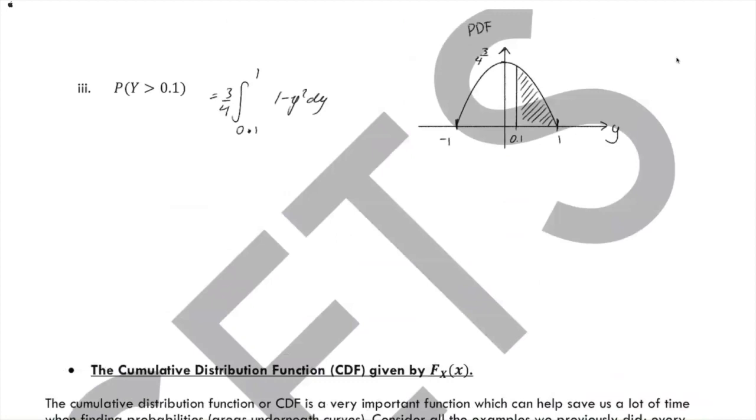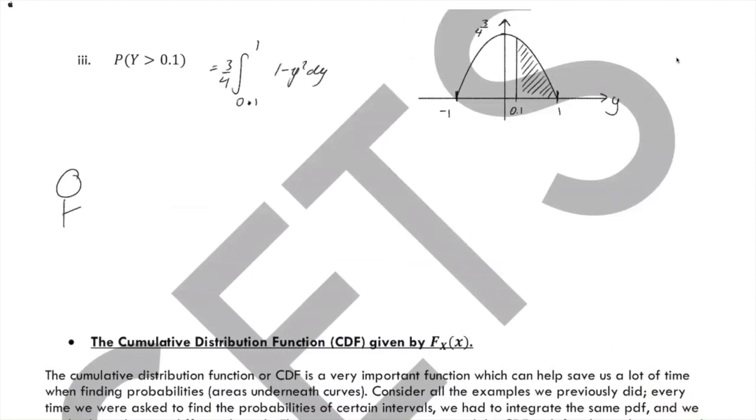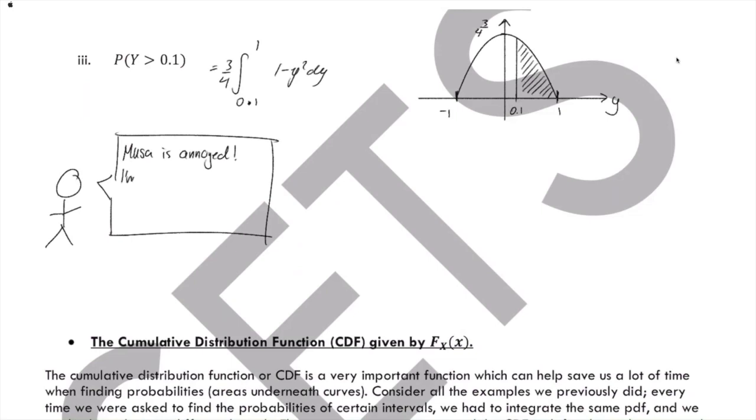Well, actually, let's do a little bit of a cartoon for us. Musa is annoyed. I'm too lazy to keep integrating the PDF. You don't have to integrate every time, you just sub in the different numbers every time.